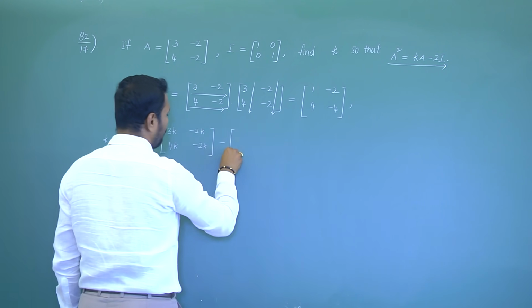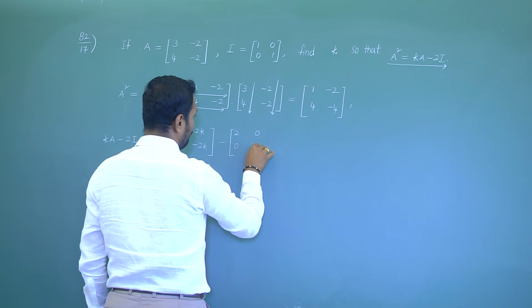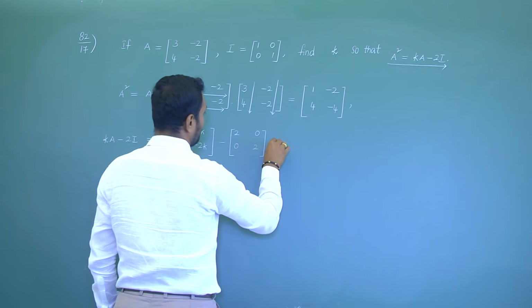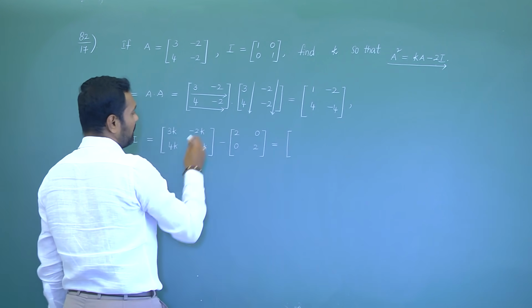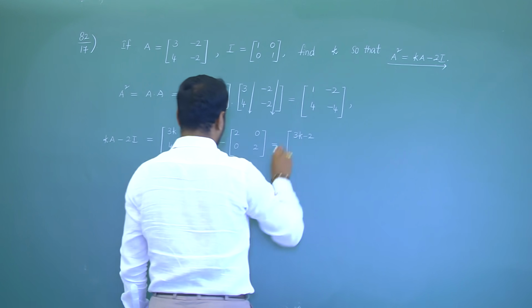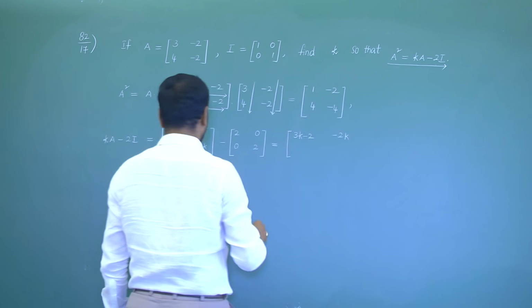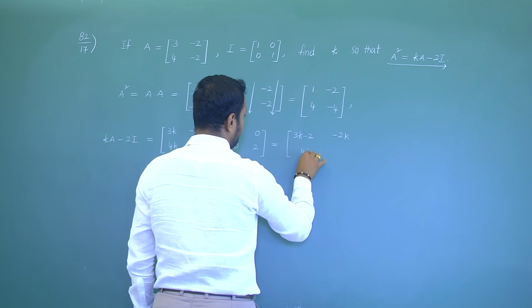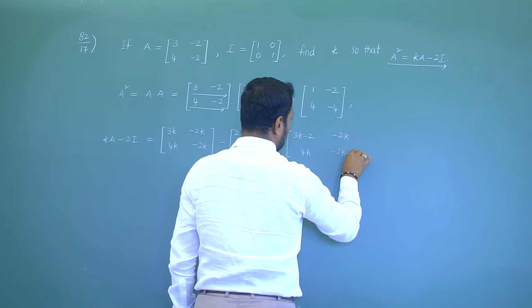Minus 2I means 2, 0, 0, 2. If you subtract, 3K minus 2, minus 2K, 4K, minus 2K minus 2.